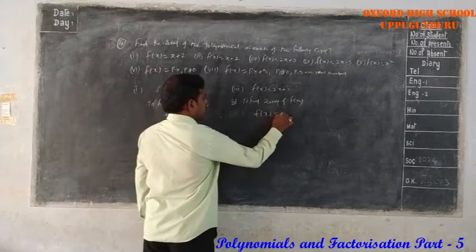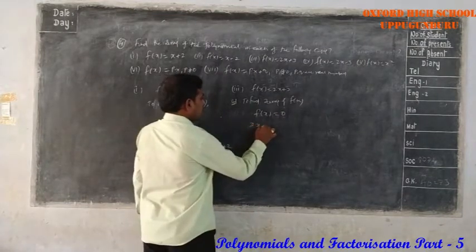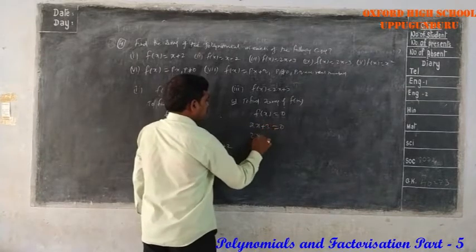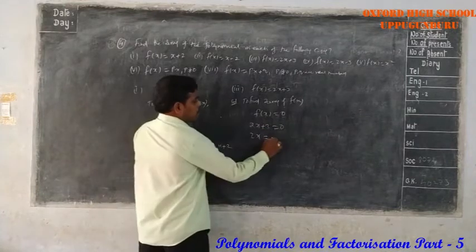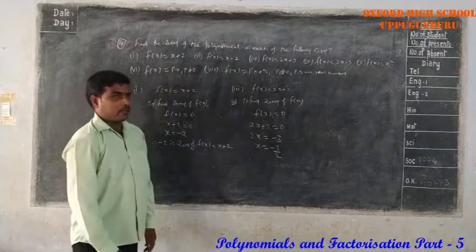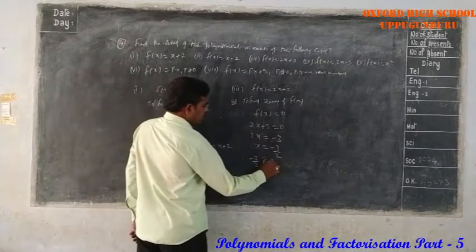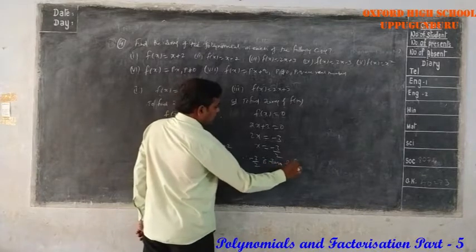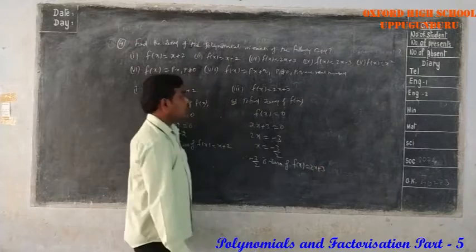So f of x equal to 0. f of x means 2x plus 3. 2x plus 3 equal to 0. 2x equal to, transposing plus 3 to the right side, it becomes minus 3. x equal to minus 3 by 2. Therefore, minus 3 by 2 is the zero of f of x equal to 2x plus 3.